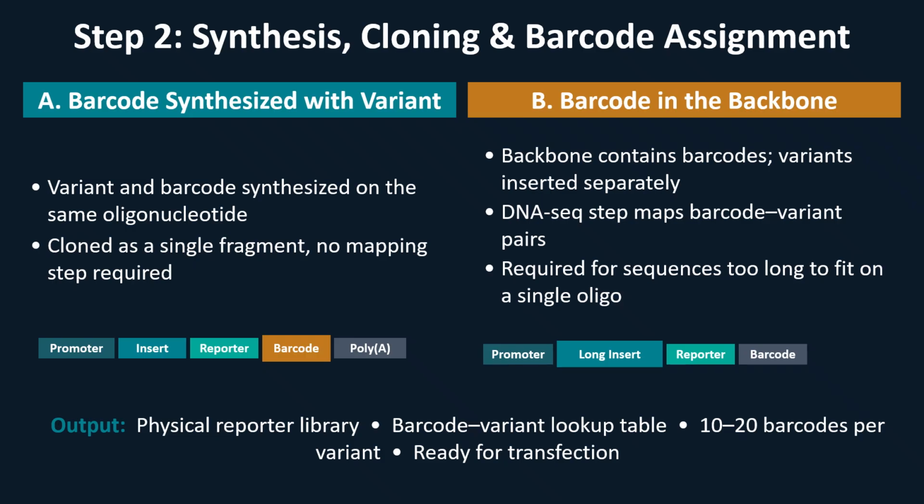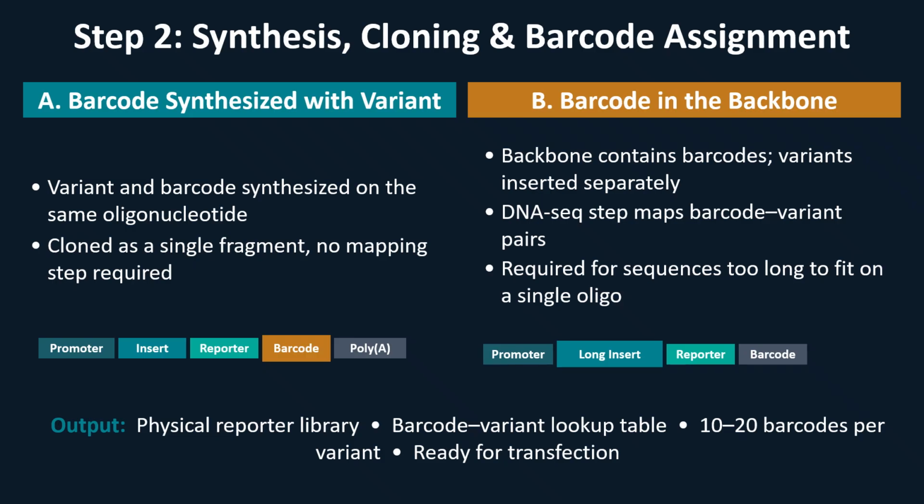There are two common implementation strategies. In the first approach, the variant and barcode are synthesized together on the same oligonucleotide. So the entire fragment is cloned into the reporter plasmid. Here, because the barcode-variant relationship is defined, no additional mapping is required.